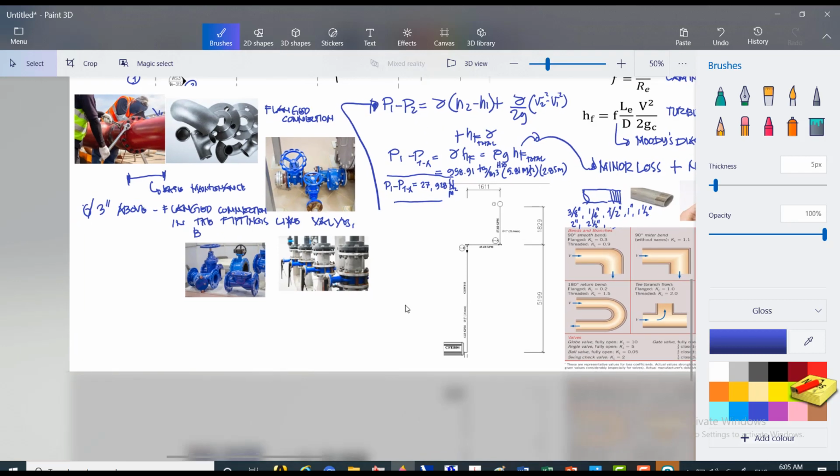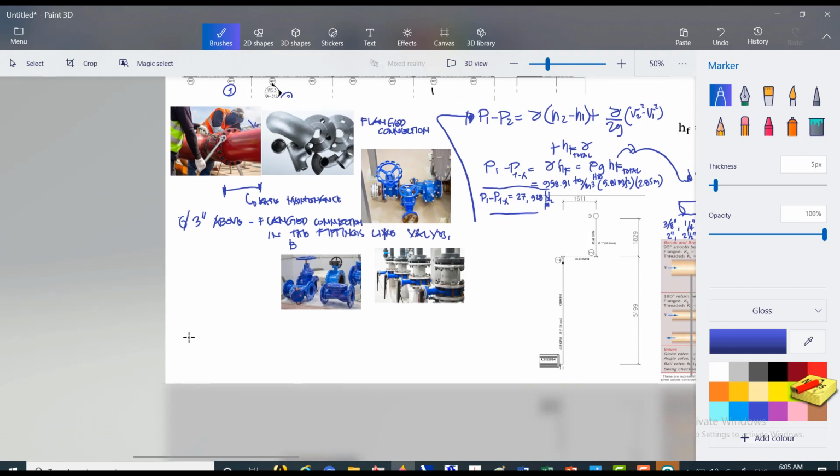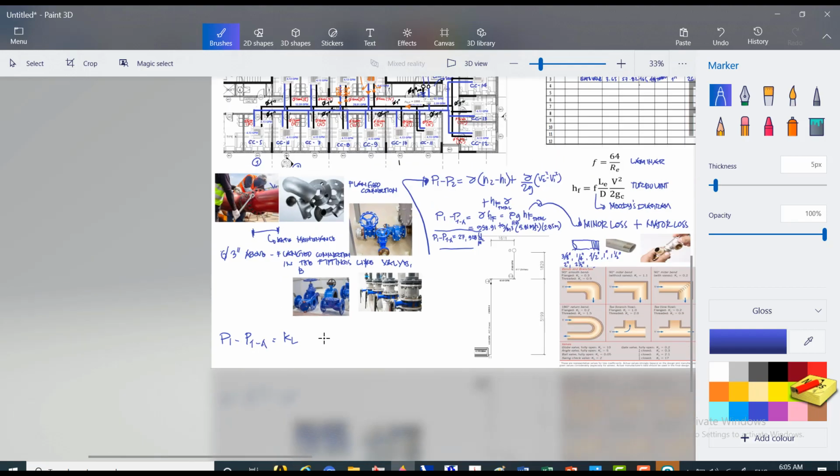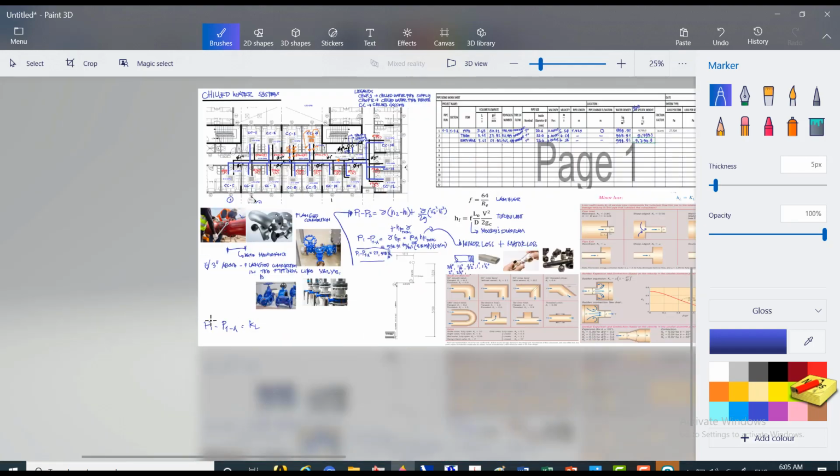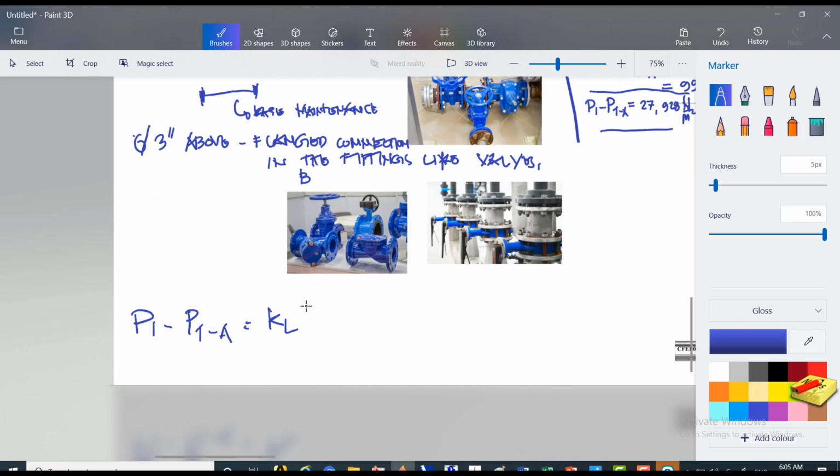So for your minor loss for your T, we can use that one. So we have your H, additional na dito P1, pressure 1 additional natin doon, 1 dash A, it will be KL times V squared over 2g.